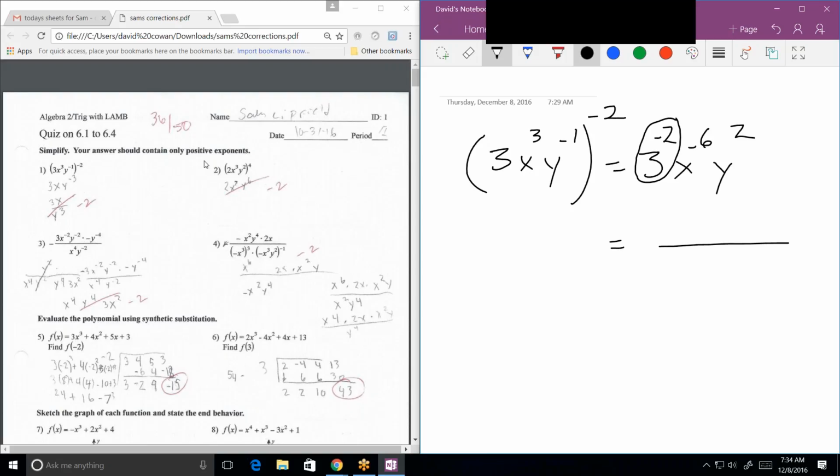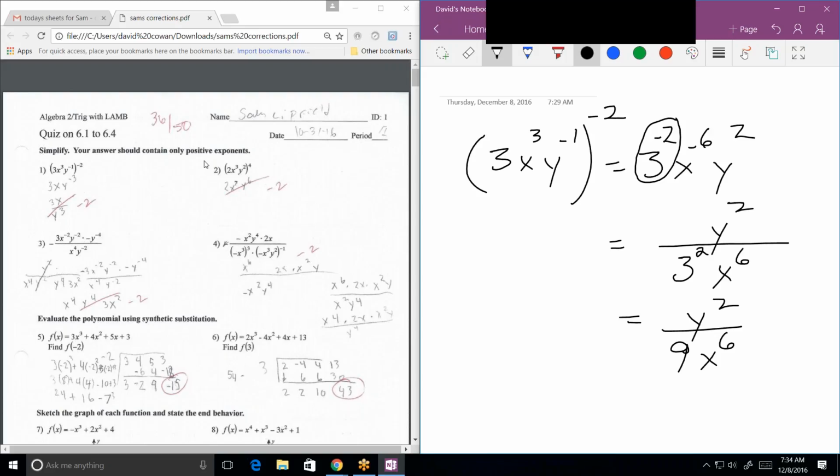The bottom. Okay, so that's 3 squared. How about the x to the -6? To the bottom. X to the +6, and the y squared? Stays on the top. And now we simplify. We get y squared over 9x squared.